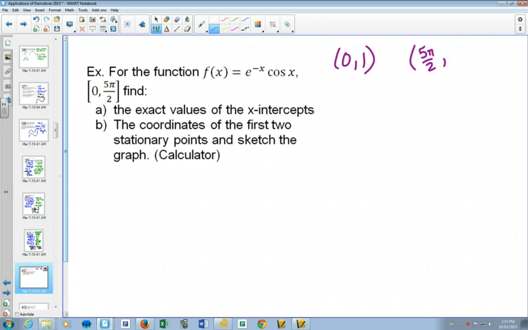Why don't we do cos of 5 pi over 2 first, and then see what happens after we do that. What's cos of 5 pi over 2? 0. So that makes it a little bit easier instead of trying to calculate e to the negative 5 pi over 2 in your head first. So we're going to have those endpoints on our graph as well because we're only looking at the domain from 0 to 5 pi over 2.